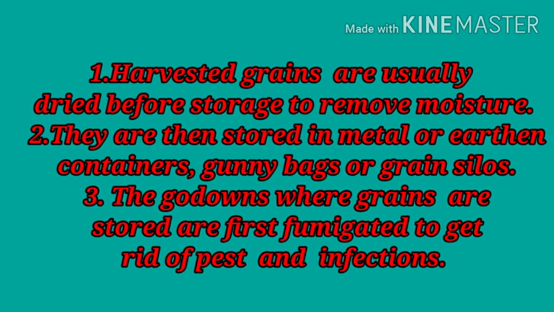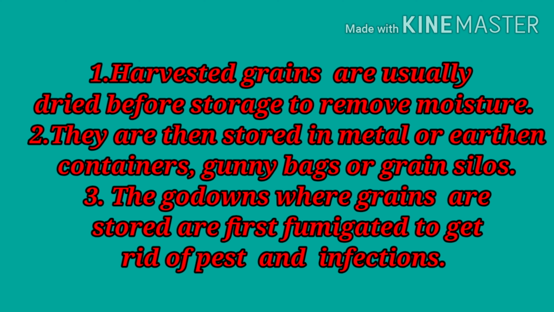First, harvested grains are usually dried before storage. Why? To remove the moisture. Harvested grain contains some amount of moisture, and if moisture is present in the food grains, it allows microorganisms to grow, which may spoil the crops.